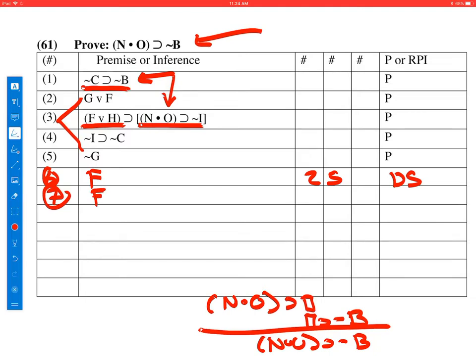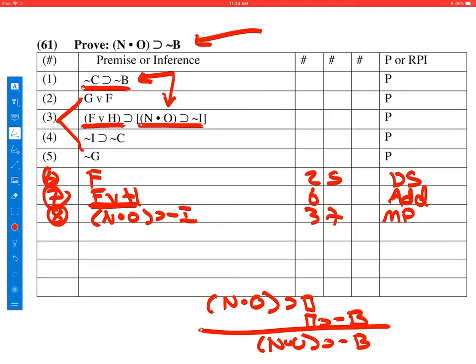Now, with this F, I can add anything I want, so I'm going to say or H. 6 by addition. Now, I have the antecedent to 3, so I can get N and O, then not I, from 3 and 7, modus ponens.